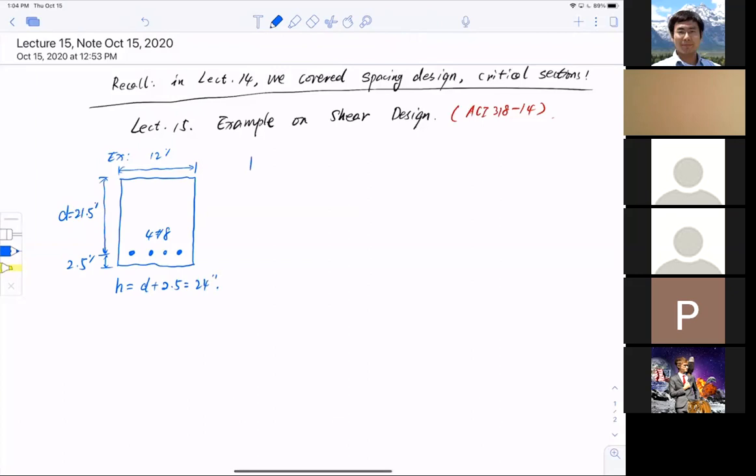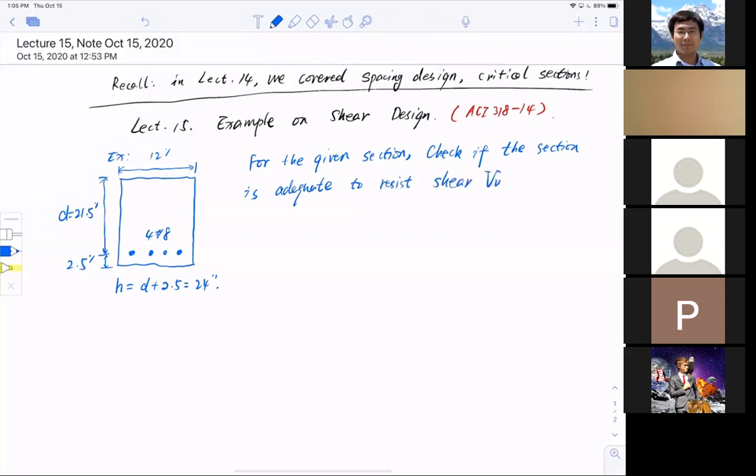So the question is, the section is given, and we want to check if the section is adequate to resist shear Vu.